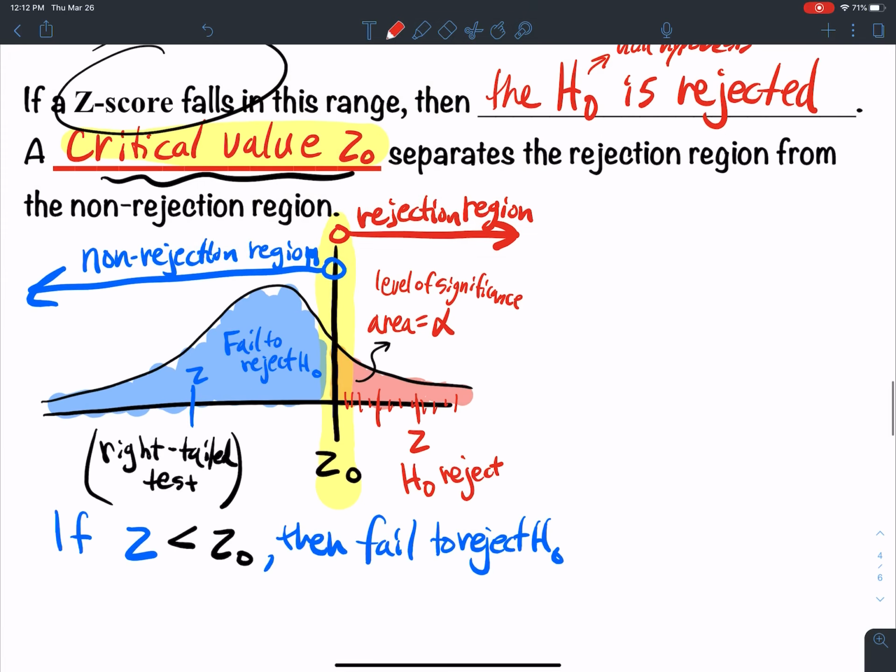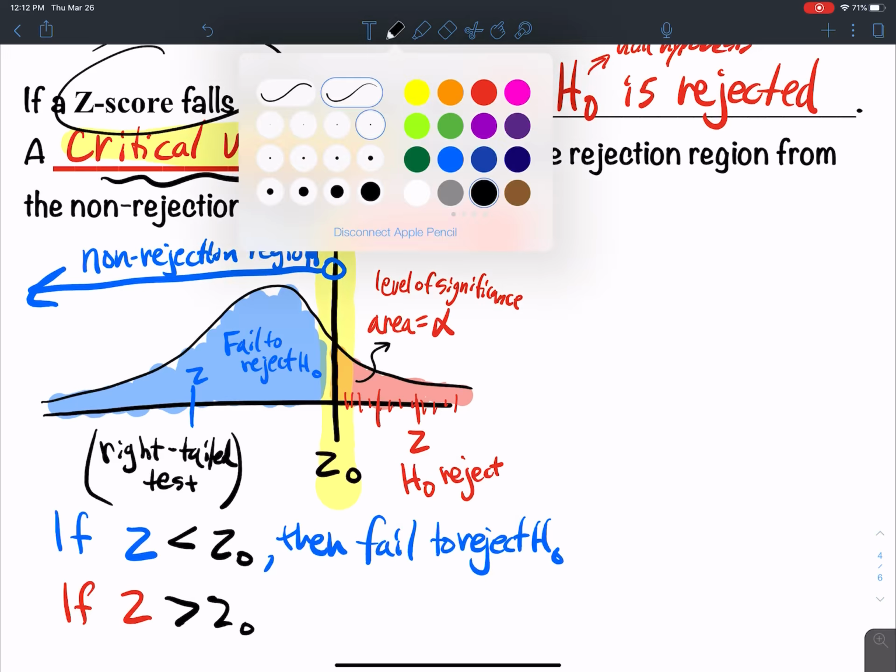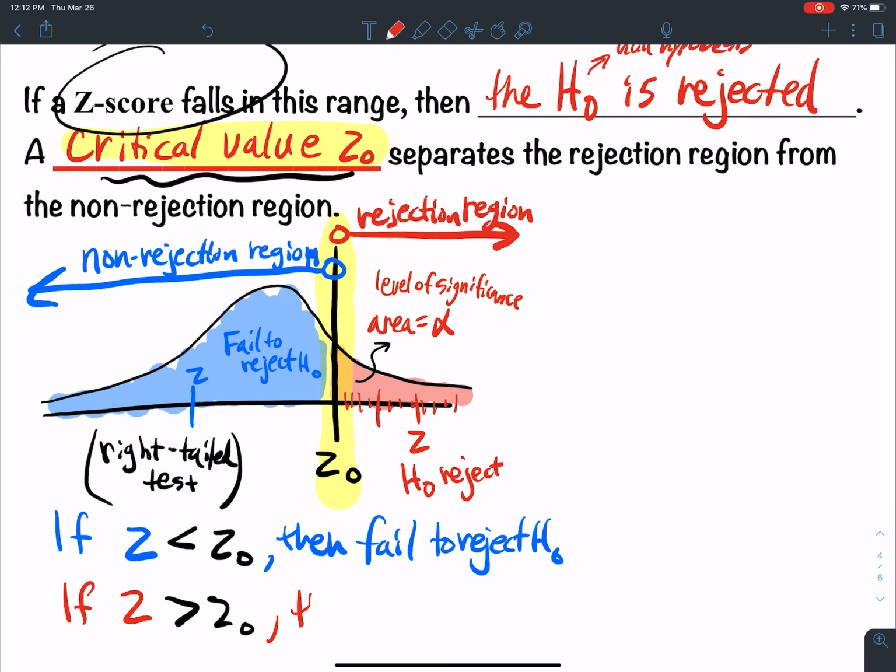However, if z is greater than z naught, then reject the H0. Okay? So if we're on this side of z naught, we reject. And if we're on this side of z naught, we fail to reject. Okay?